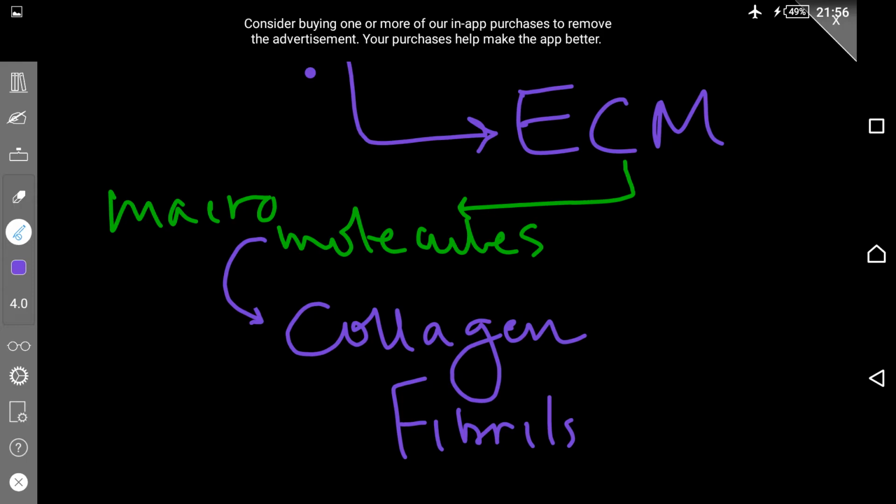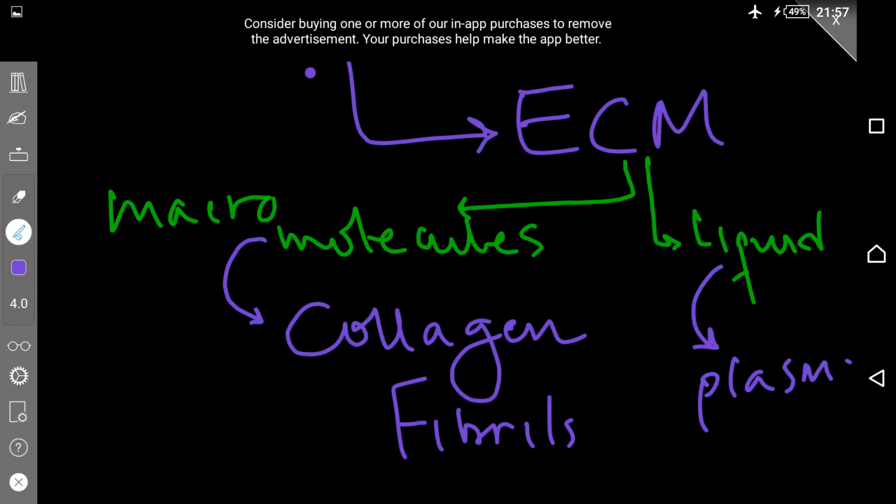The second part of this extracellular matrix is the liquid part, or the fluid part. This liquid part is usually also called the interstitial fluid, and is very much similar to the plasma of the blood, and also it is derived from the plasma of the blood.